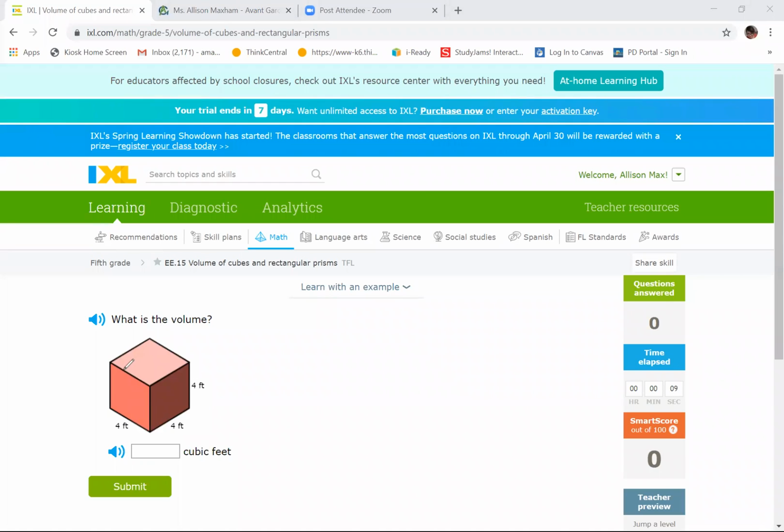We've got to find the volume of this cube, and I can see that length times width times height is my formula, and it's 4 times 4 times 4. And I know that 4 times 4 is 16. So now it's 16 times 4. And 6 times 4 is 24. Regroup. 4, 5, 6. So it is 64.